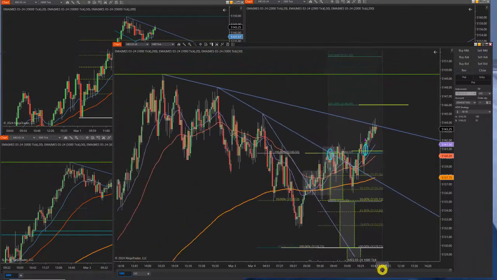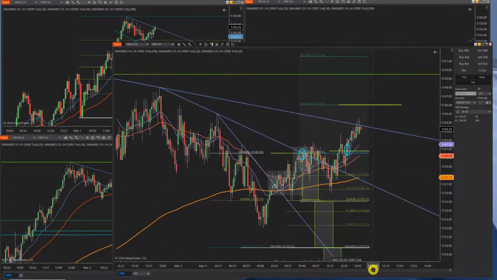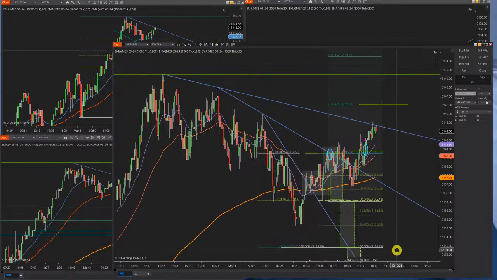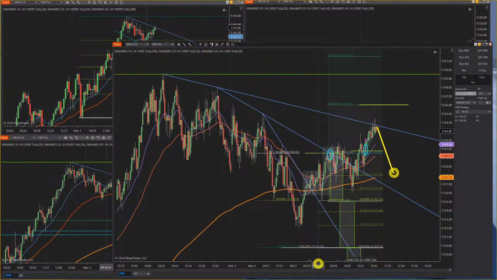But I would not be surprised. I mean, honestly, this thing could do a number on you. This thing could do one of these, and then go up. And here it comes.